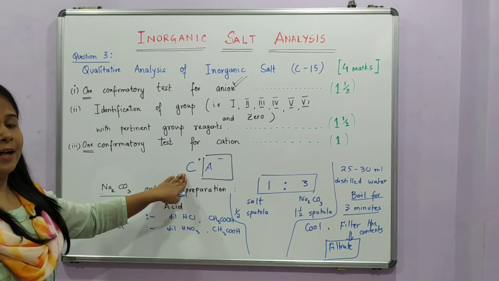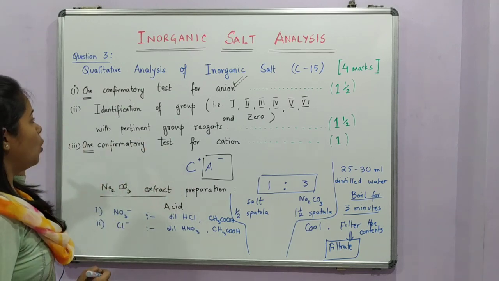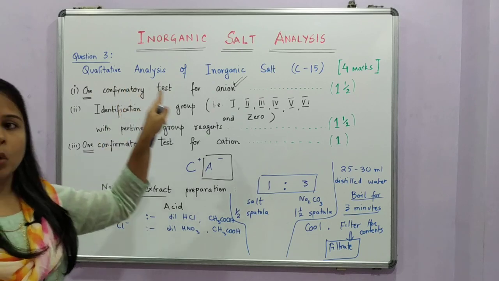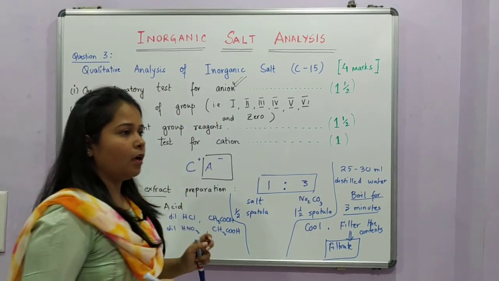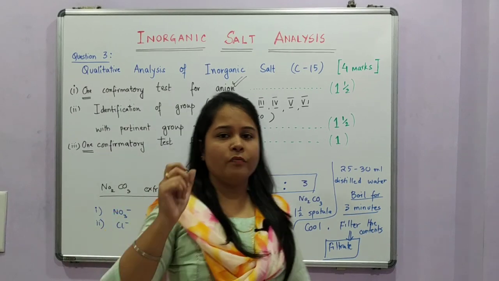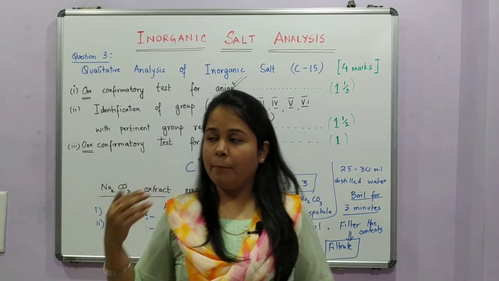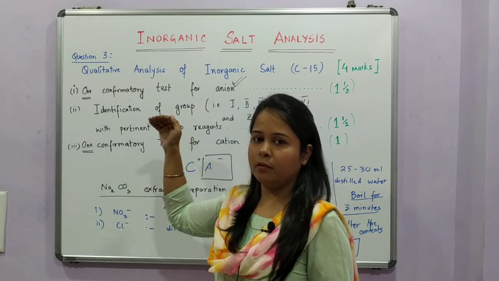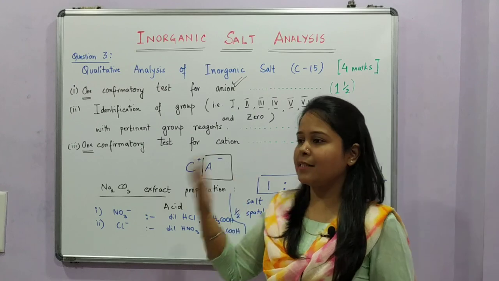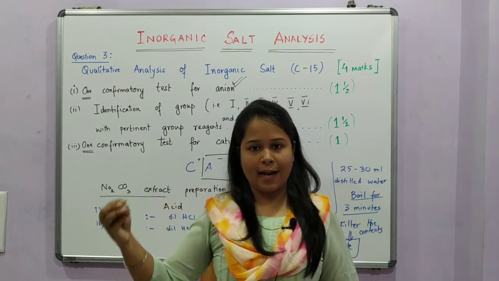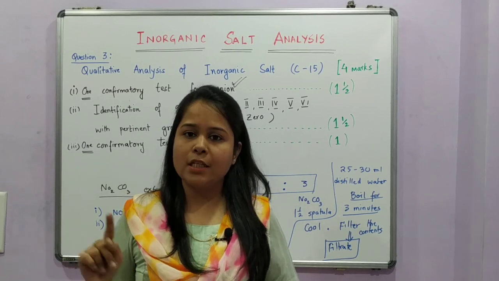When we try to detect the cation in our inorganic sample, we start with the group. Now you will see in your question paper a question which says, how was the original solution prepared? Before identifying the group in which the cation lies, there would be a question that says, how is the original solution prepared?